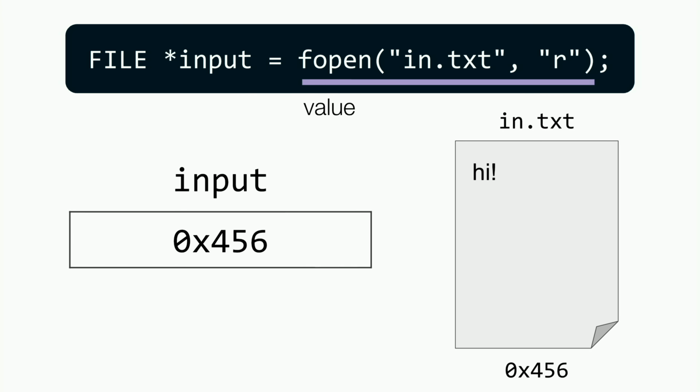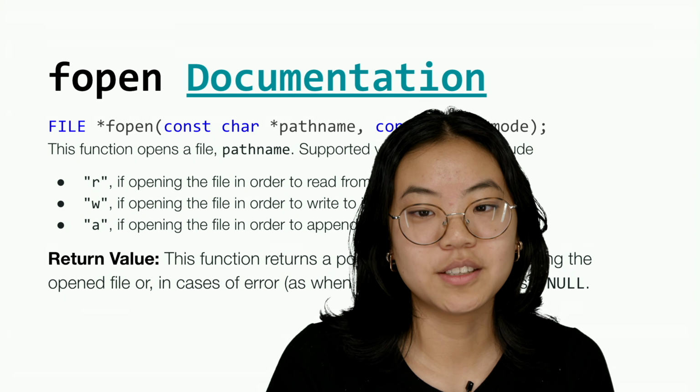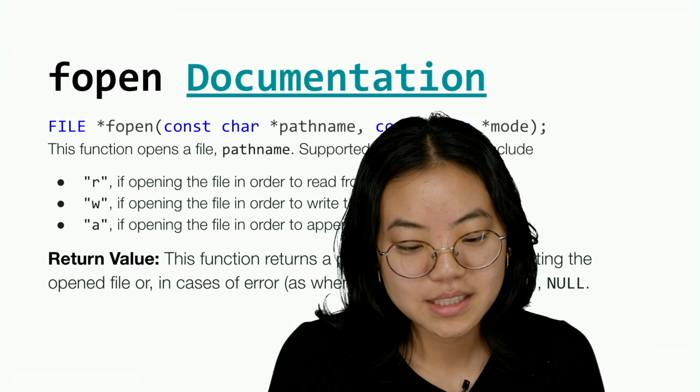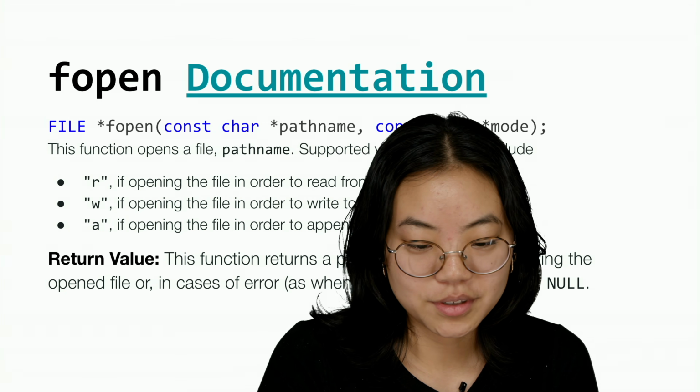And so you might wonder, how do we actually know what fopen is returning? This is a good chance to read some of the documentation that we have for functions like fopen. And so this is an excerpt from CS50's manual. It's also linked there, so you can feel free to go and read that.